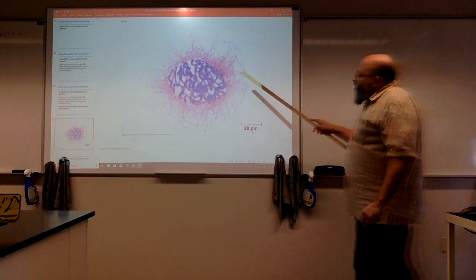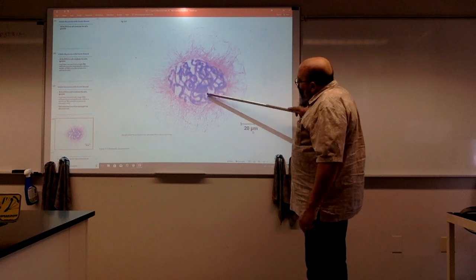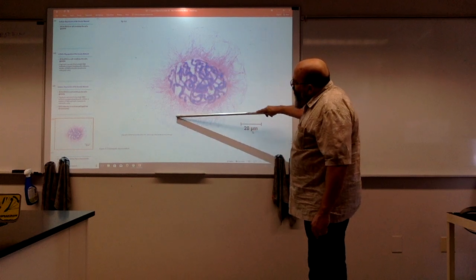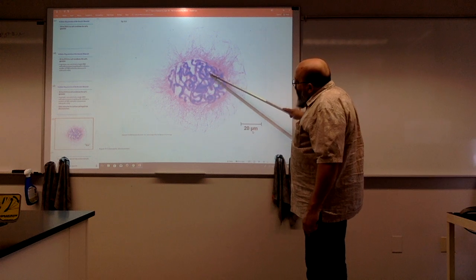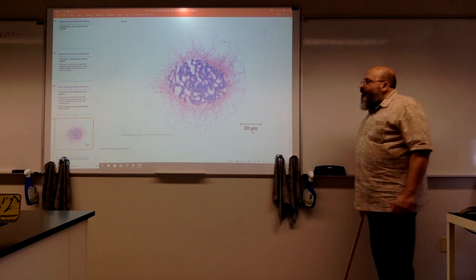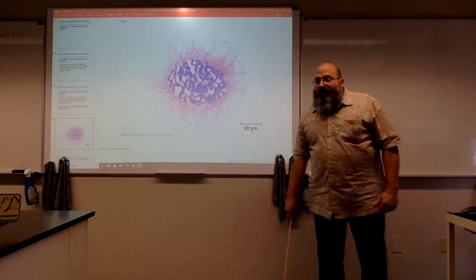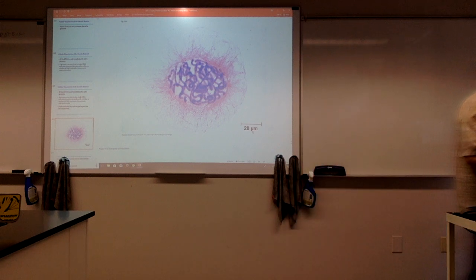Now, here's a cell here. The chromatin that was in this nucleus looked like this right here, but it has condensed into visible chromosomes. Okay? So chromatin and chromosomes are the same thing. You just cannot see them in the form of chromatin.